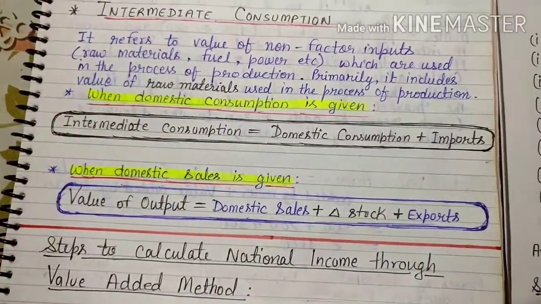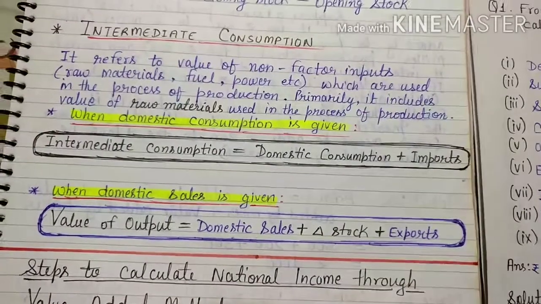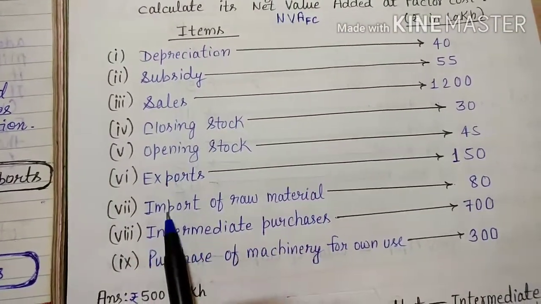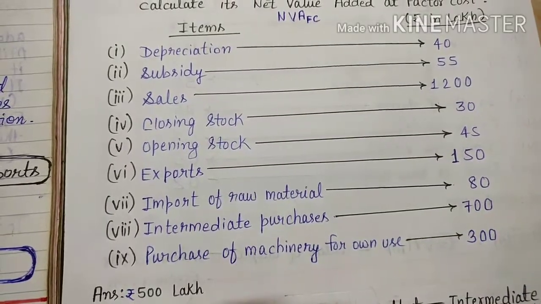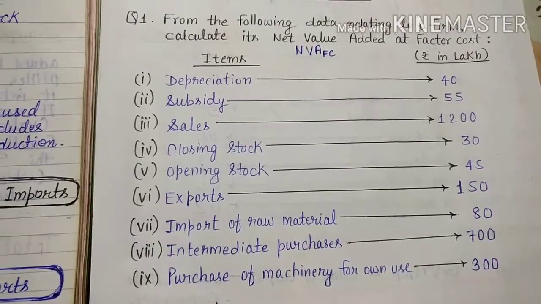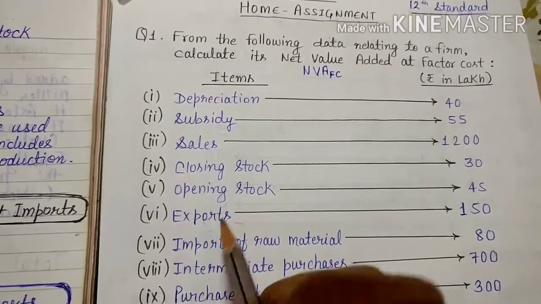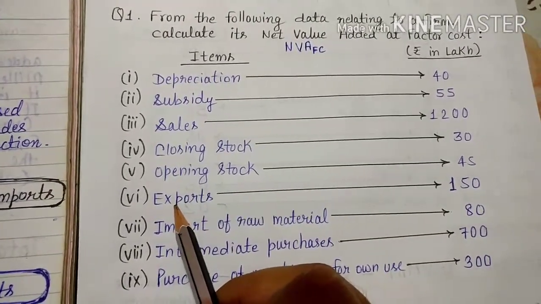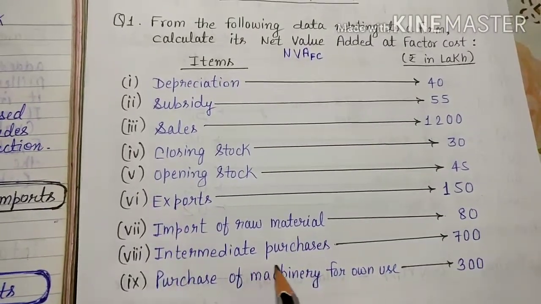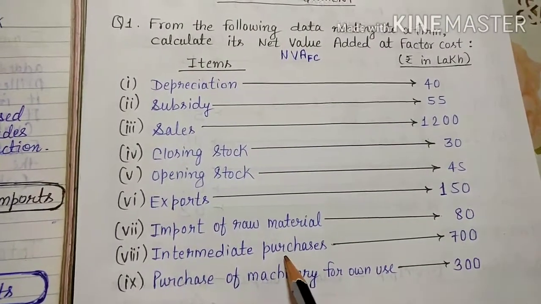Now first of all, we have to find out whether in this question domestic sales is given or not. When we have seen our items, we found that domestic sale is not given. So there is no use of this export, and domestic consumption is also not given. Just check. Intermediate consumption is given. Intermediate purchase means intermediate consumption only.